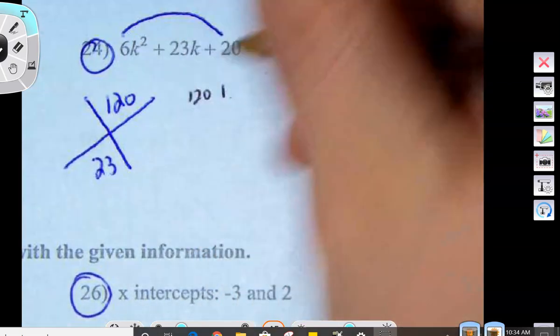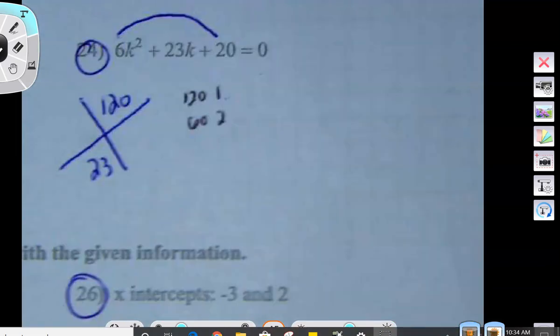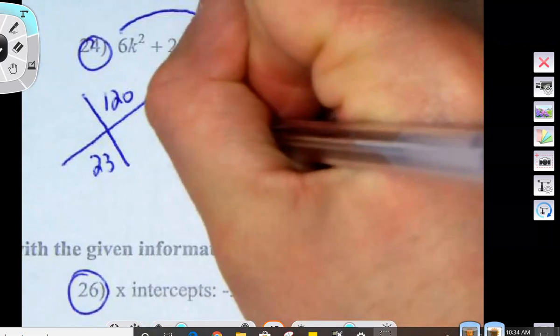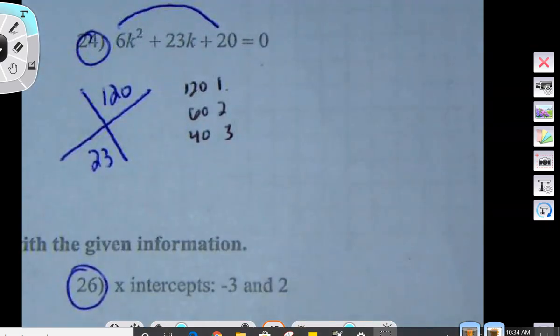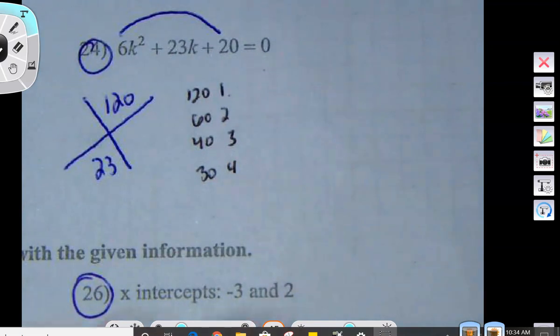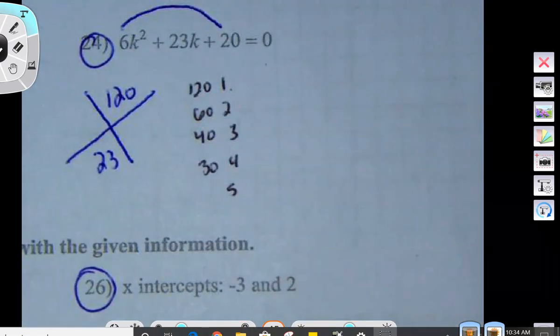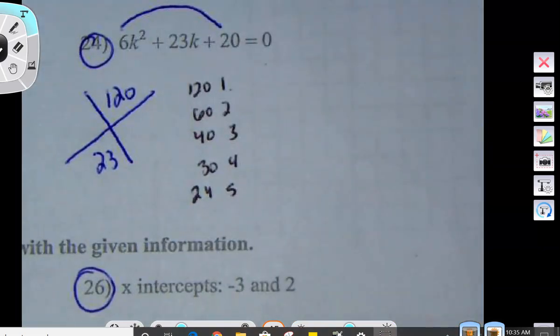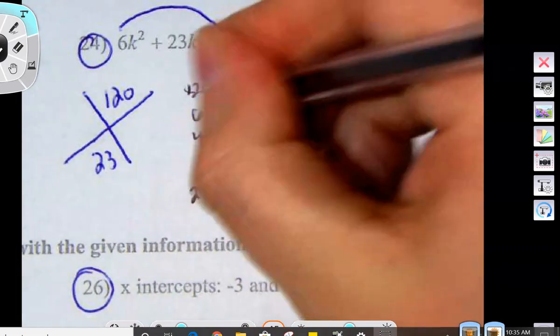So I'm going to list out some things, 120 and 1, that doesn't give me 23, so 60 and 2, that also doesn't give me 23, so 3 goes into 120 40 times, that also doesn't give us 23, so 4 also goes into that 30 times, so we're getting closer, but that still doesn't work, and then I have 5, so 120 divided by 5 is going to give us 24. So 24 and 5, which is close, but it doesn't give me 23, so I can't use that.